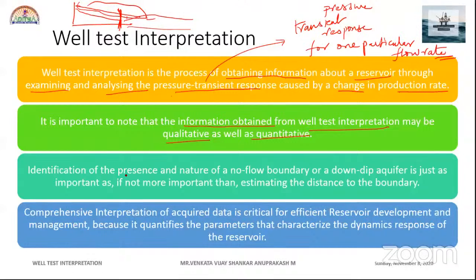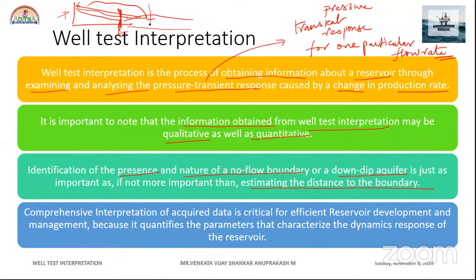So identification of the presence and nature of the no flow boundary or down dip aquifer is just as important as estimating the distance to the boundary. So we are plotting it with respect to pressure and time.